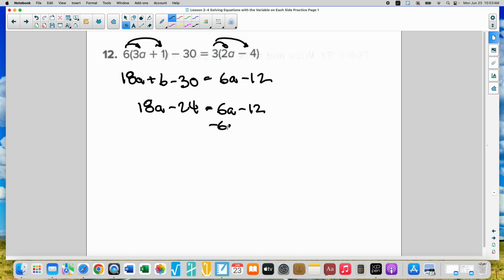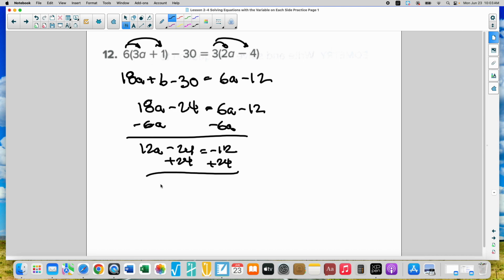We're going to move my variables. 12a minus 24 equals negative 12. Add 24, add 24. 12a equals 12. Divide by 12. And a equals 1.